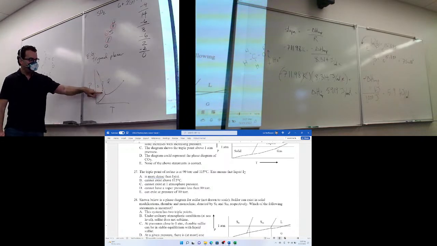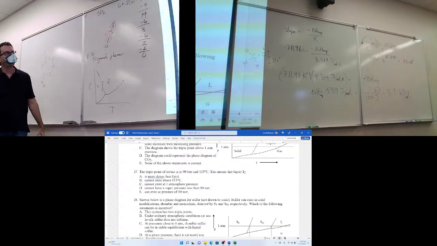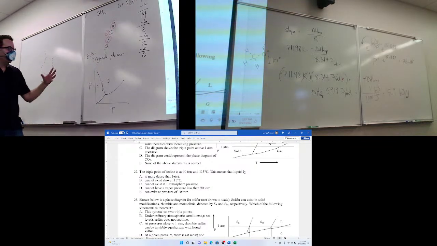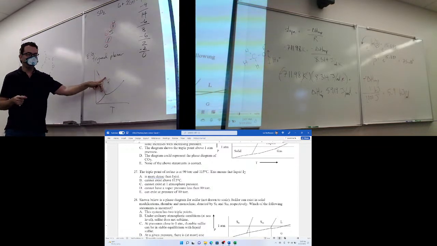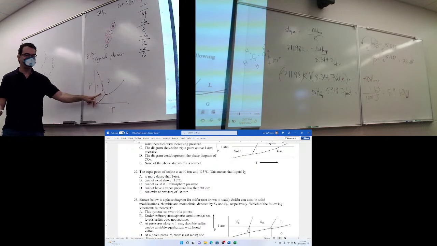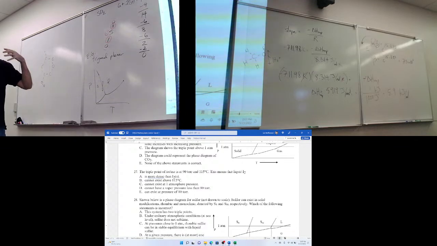What does this mean? If I increase the pressure and reduce the spacing between the atoms, this shows that liquid water is more dense than solid water, ice. So we have to know information about this to gauge whether liquid I2 is more dense than solid I2.